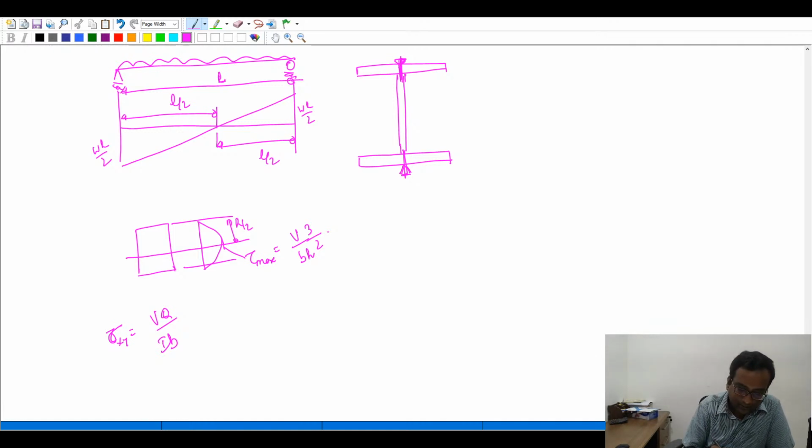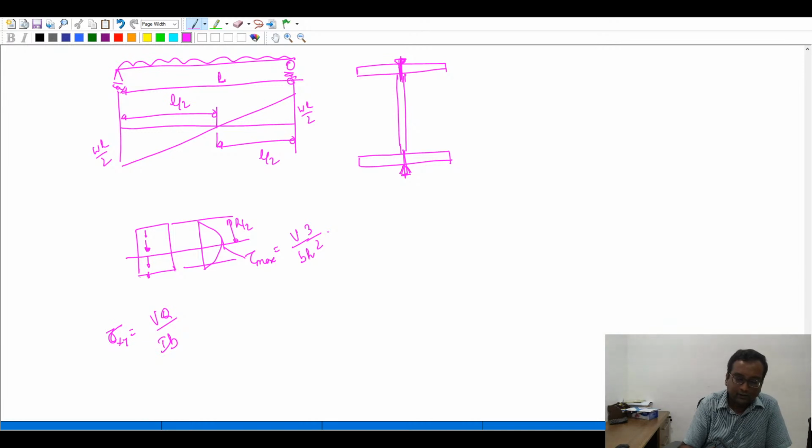Okay, so we have seen this derivation in the course. Now what we are seeing is when this is not a rectangular section but the thickness changes along the depth of the cross section, you can't have a continuous flow of shear stresses, something like this, in the cross section. It increases and decreases, right?